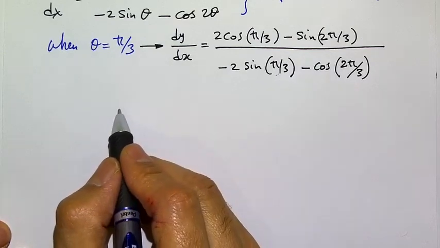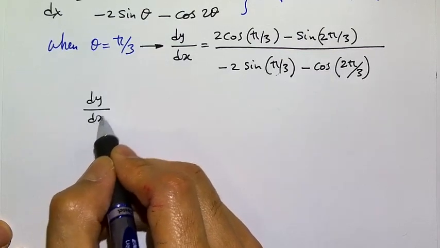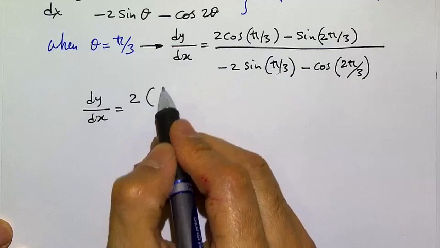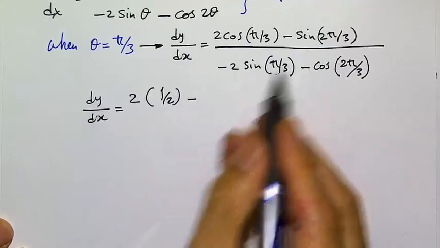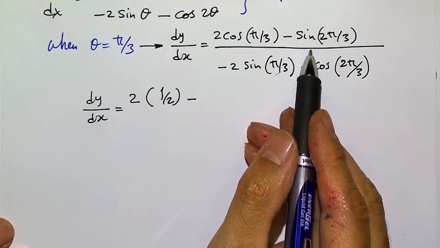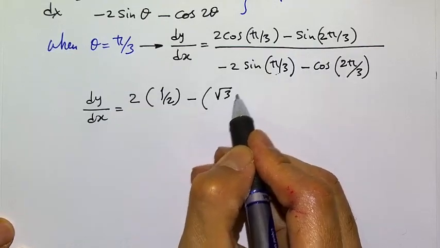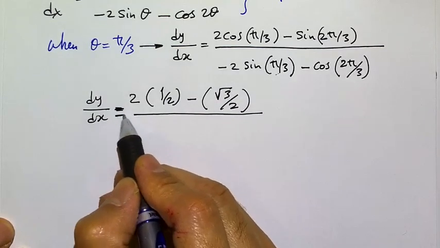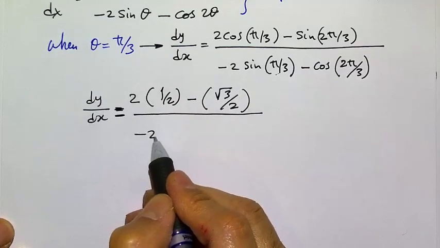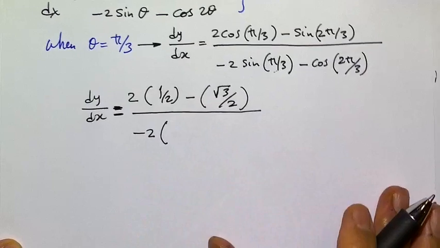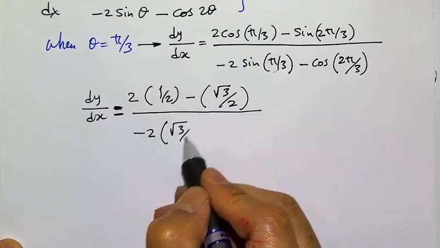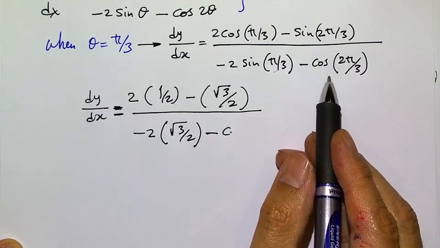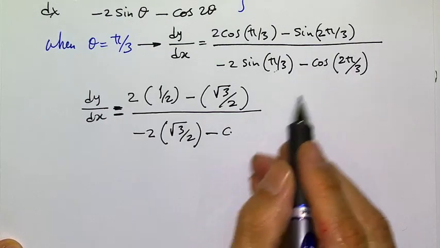So we have dy/dx equals 2 times cosine pi over 3, which is 1 over 2, minus sine of 2 pi over 3, that's minus square root of 3 over 2, and then minus 2 times sine of pi over 3, that would be square root of 3 over 2, minus cosine of 2 pi over 3, that is minus 1/2, right?